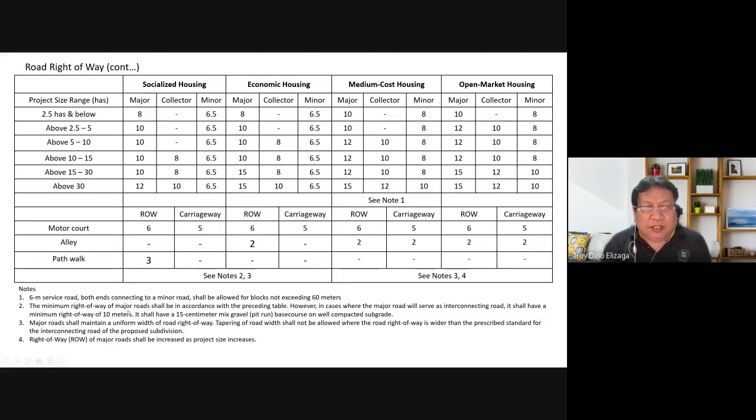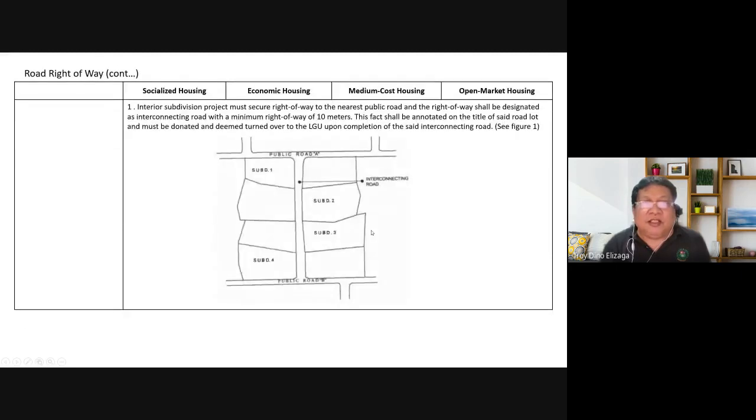I was looking for the definition of the motor court, but it's not here. So an interior subdivision project must secure right of way to the nearest public road, and the right of way shall be designated as interconnecting road. This does not apply to us.